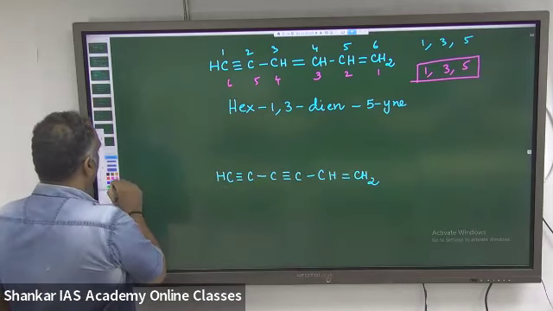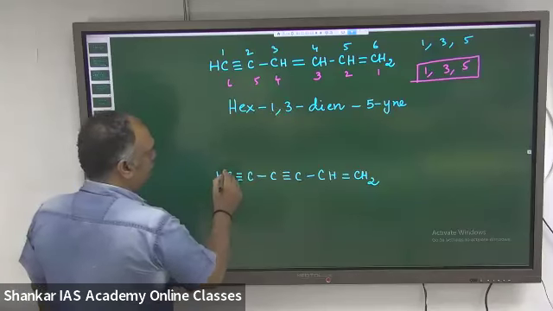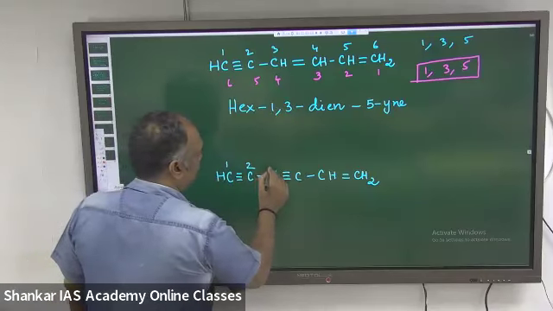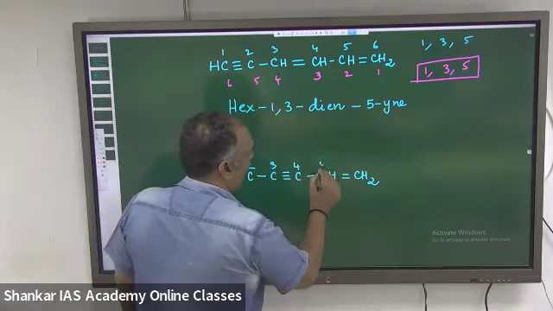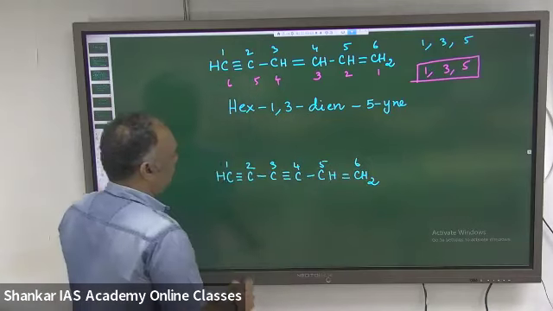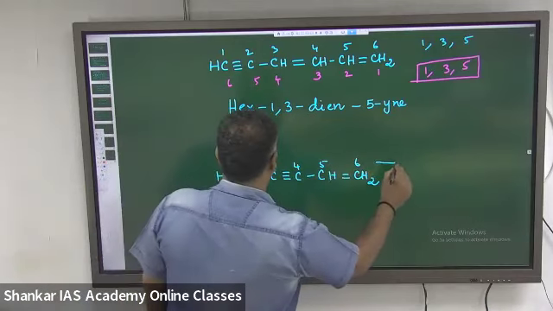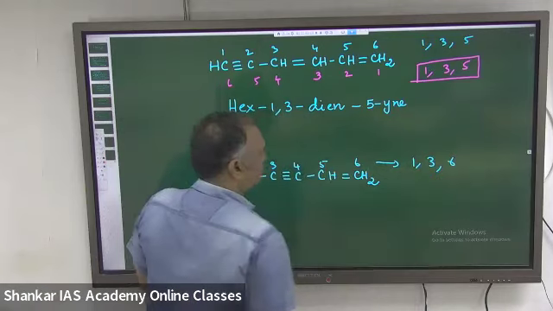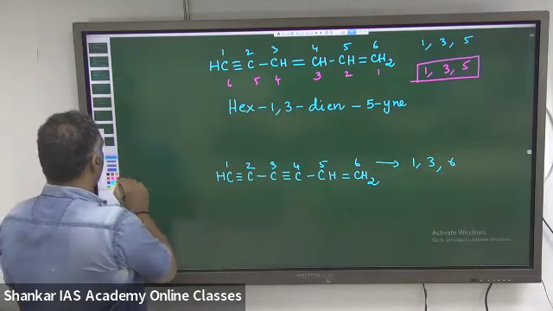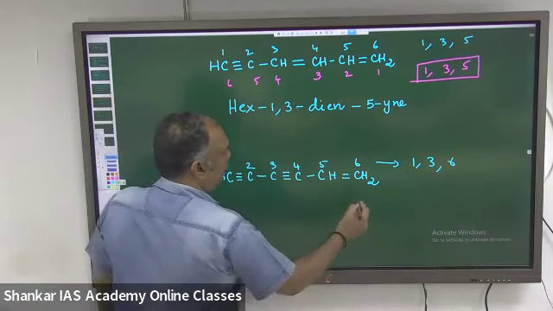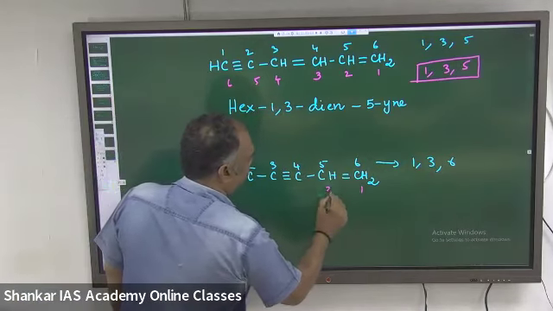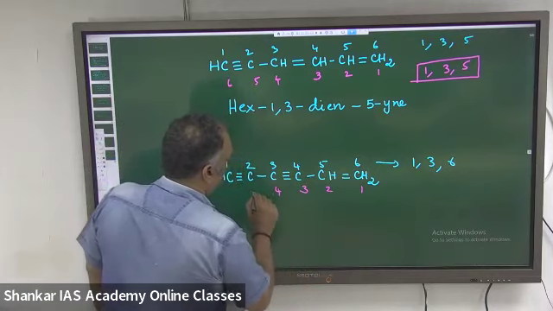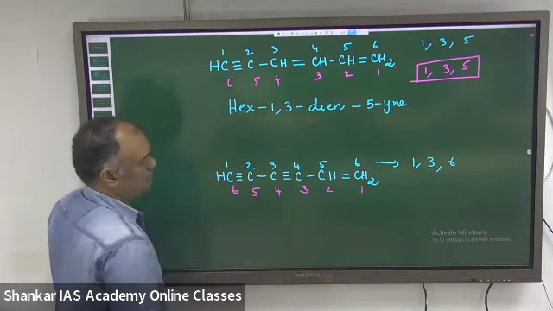Next one again, we'll number it from either side, from left to right: 1, 2, 3, 4, 5, 6. In this case, we have functional groups at carbon 1, 3, and 6. Again, I'm going to number from right to left: 1, 2, 3, 4, 5, 6.